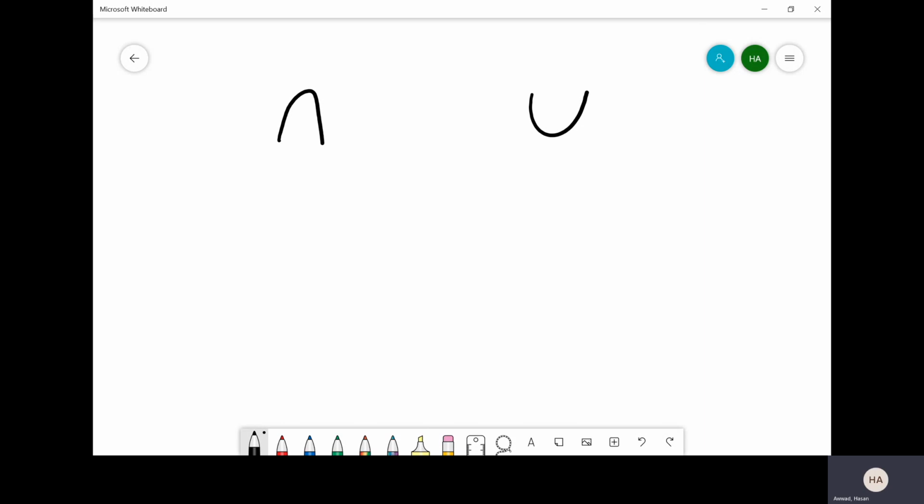But what does it actually mean? What is it doing? When we were talking about union, we were talking about all the elements from both sets. I'll write union and intersection. Hopefully you guys can still read my horrible handwriting.